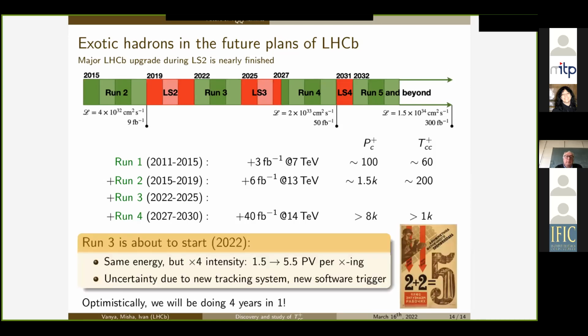In Run 3, which was expected to start this year, but most likely we will start collecting physics data only in 2023, we expect almost 5 times larger statistics, so that will bring a real chance to observe the next members of this doubly heavy tetraquark family.